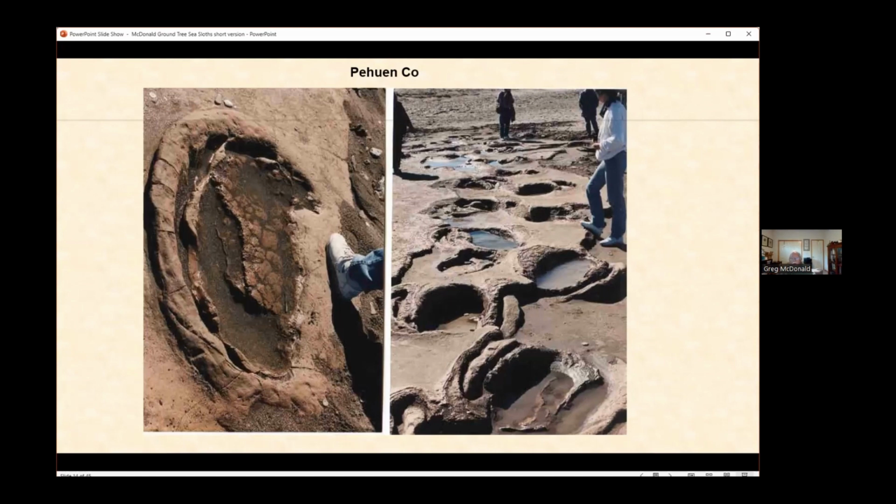You'll notice that the hind foot shows up very well, but there's not much to show you where the front foot is. And the contact of the front foot is much smaller with the ground than the hind foot. And as they're walking around, the hind foot comes down on top of the front track and obliterates it.